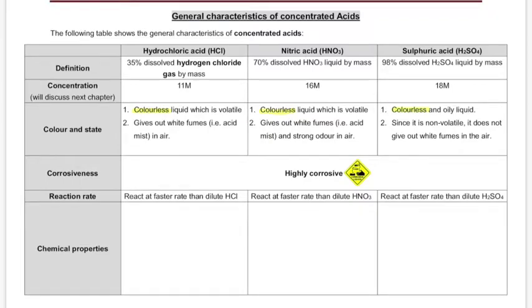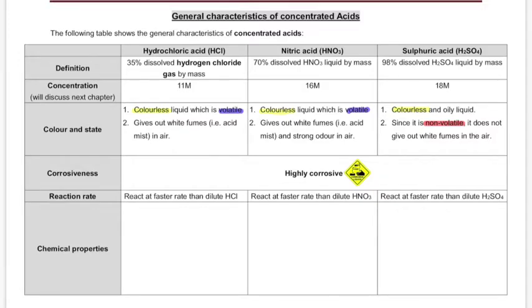The first 2, concentrated hydrochloric acid and concentrated nitric acid, are volatile. However, you need to put a star for concentrated sulfuric acid: it is non-volatile. So what does volatile mean?